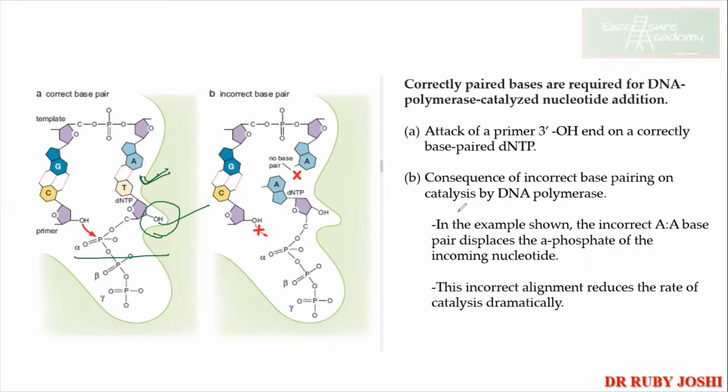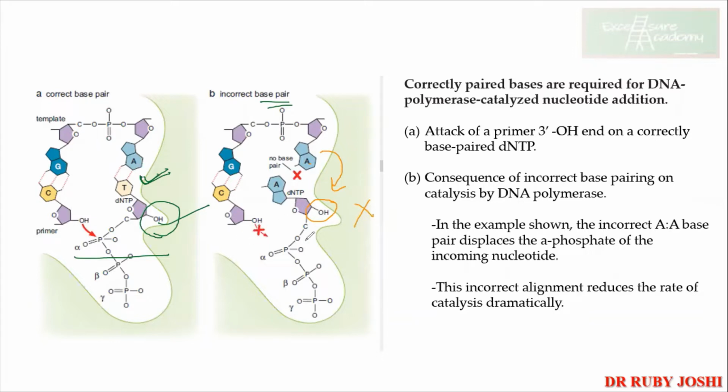Now coming to the correct base pair, how DNA polymerase is able to understand not to form a bond with the wrong nucleotide. Okay, so for this, again, see, A is not able to form the base pair with another A. So because of this, eventually the OH of the incoming nucleotide is not able to sit into the binding pocket, right?